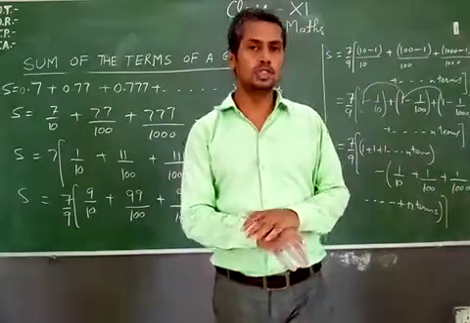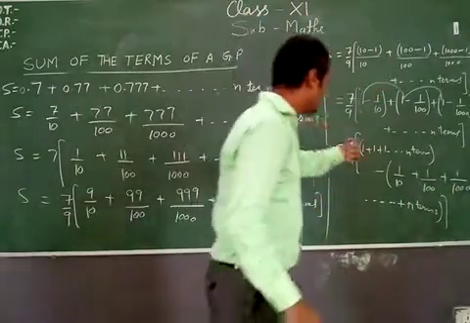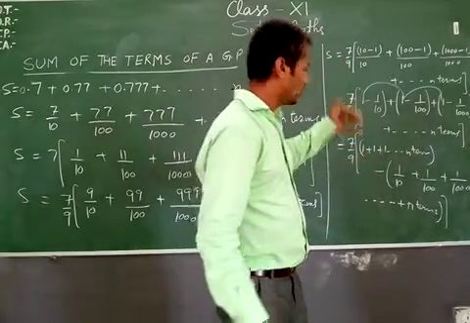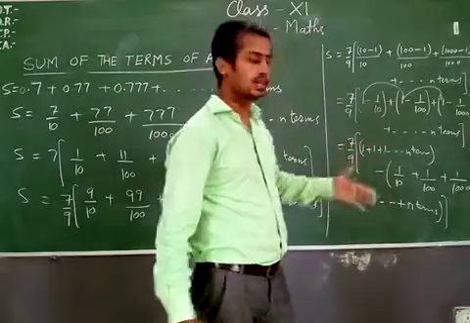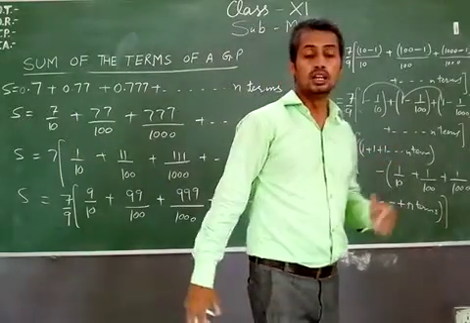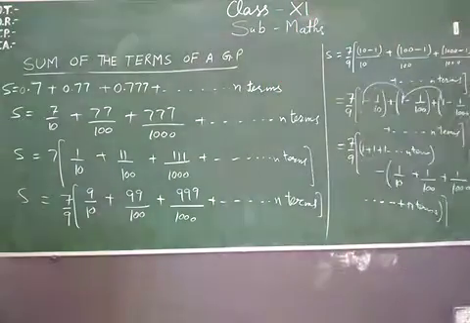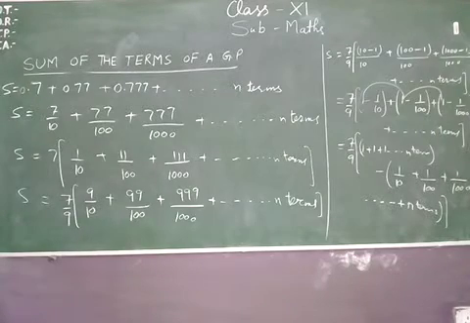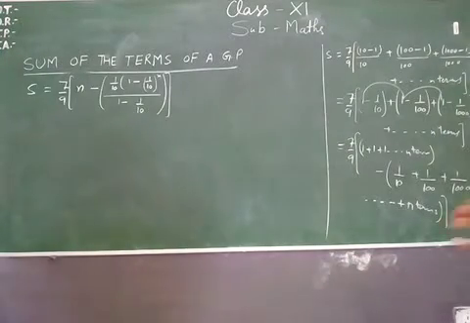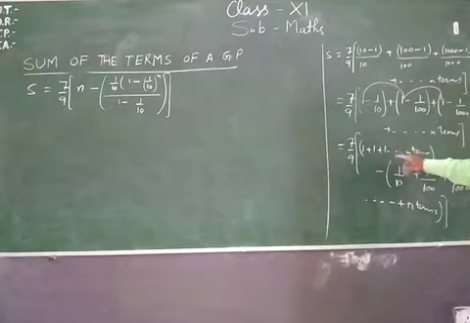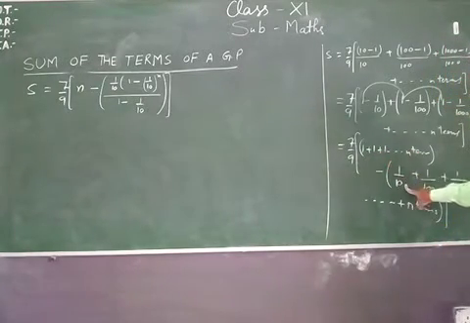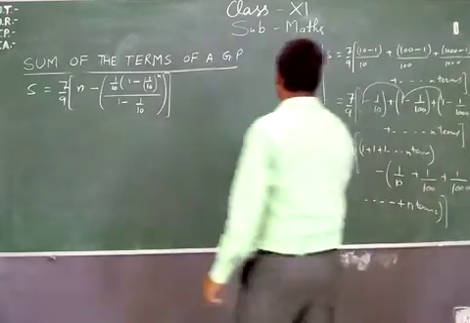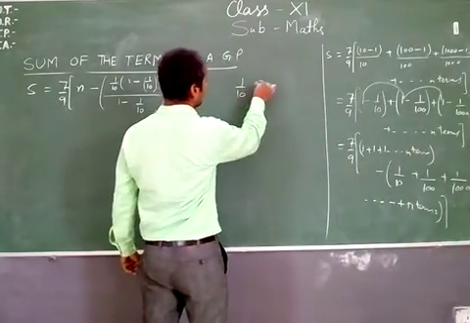The sum of the GP where the first term is 1, the second term is also 1 and the third term is also the same, up to n terms. Now we can apply the sum formula for GP. We have two GPs up to n terms. First term 1, second term also 1. Here the first term is 1 by 10, and 1 by 10 is less than 1.